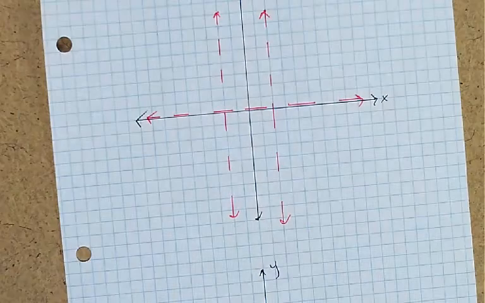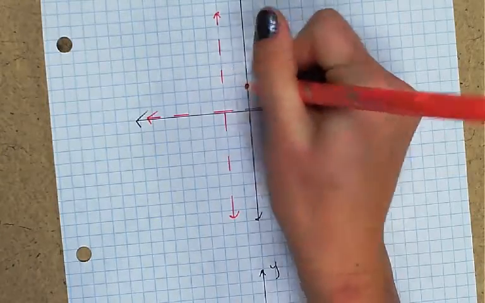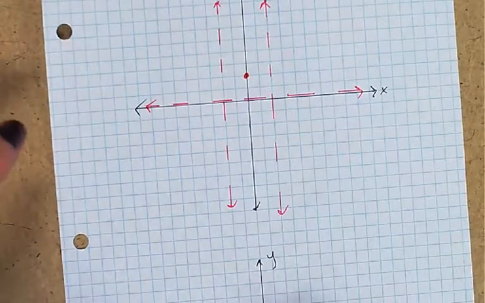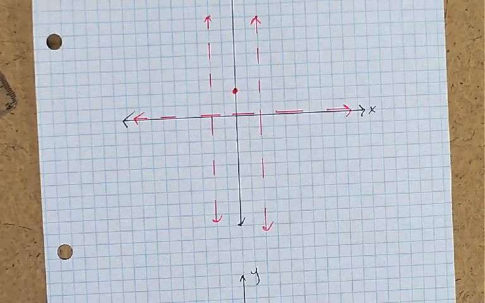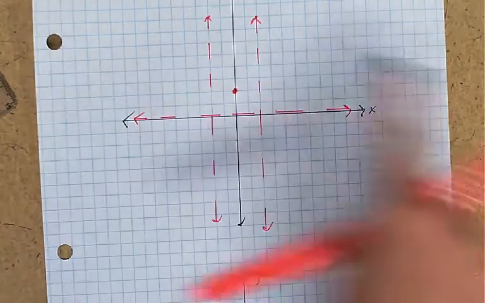We have no x-intercept, but we have a y-intercept at 2. Once you get there, what you want to do is make a table of values to figure out what's going on on all the sides of the vertical asymptotes here.